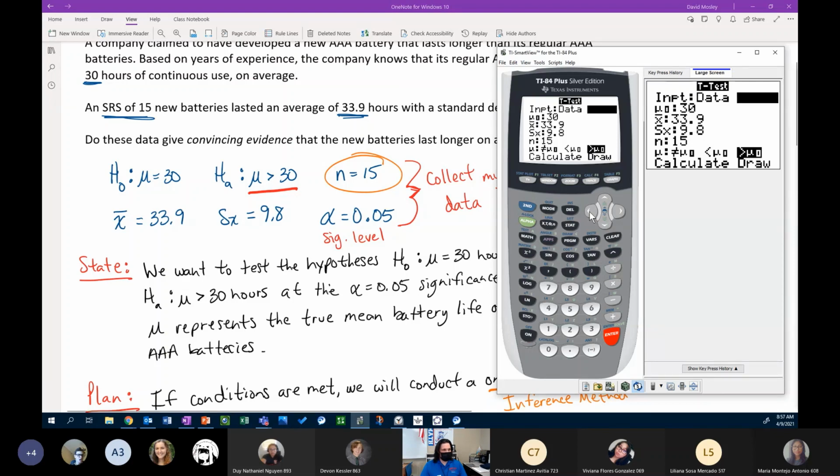If my alternative was that it was less than, then down here I would select the less than option. I can also select the not equal to for the two-sided test. And that's all dependent on the direction of the inequality for your alternative hypothesis. Okay, thank you. You're welcome.